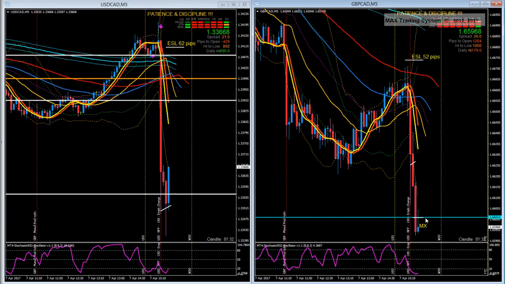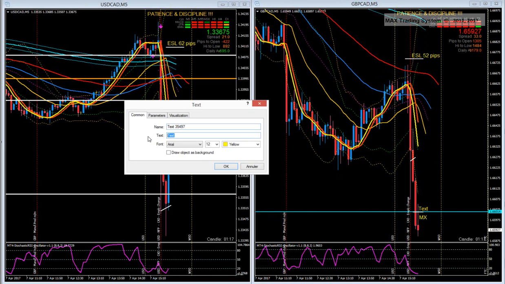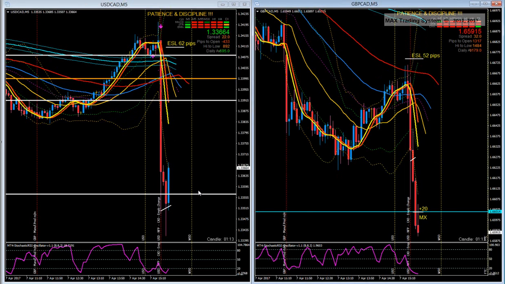So we close half of the trade, so 1 unit of the 2 units of the trade, and that unit catches a profit of 25 pips minus the spread, so let's say 20 pips, so plus 20 pips. And here the price is still retracing on the USD CAD.